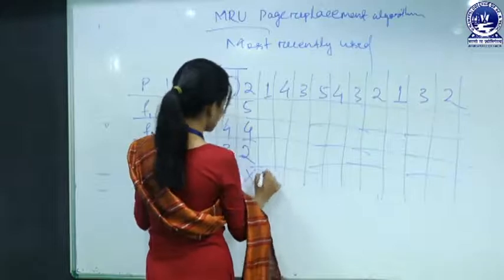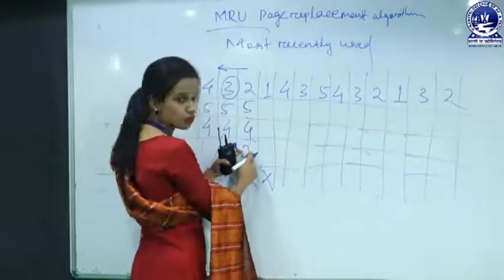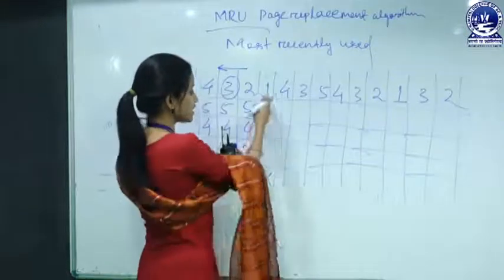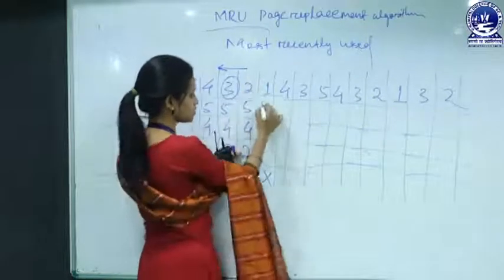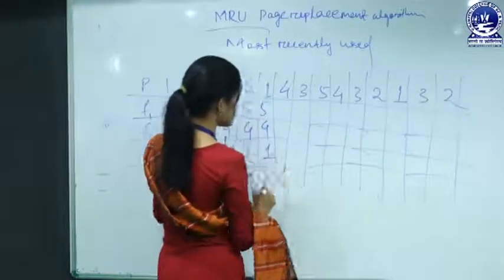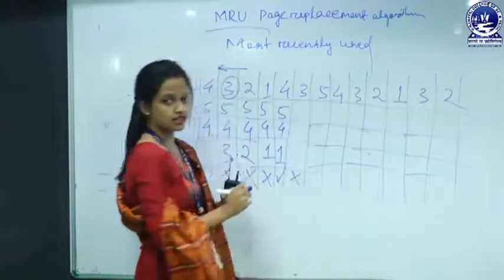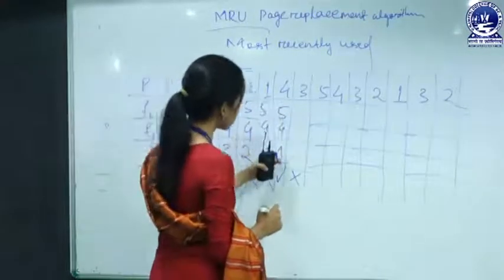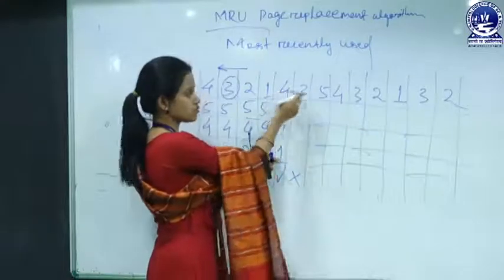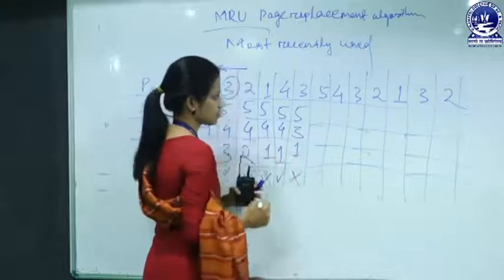So there is a page fault, again 1 is not there, among 5 4 2, 2 is obviously recently used, so 5 4 1. Again 4 is there, so there is a hit, 5 4 1. 3 is not there, there is a page fault, among 5 4 1, 4 is recently used, so 4 is replaced by 3.